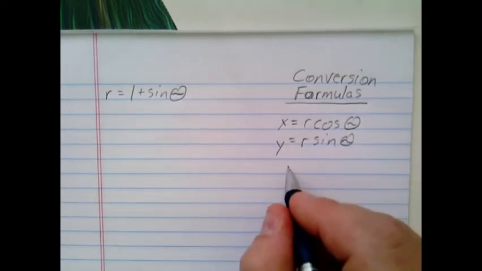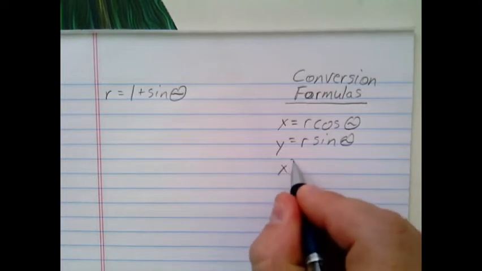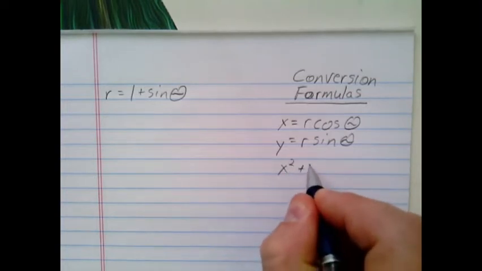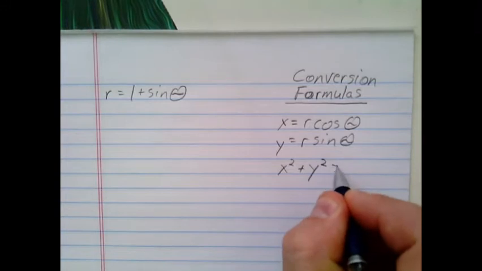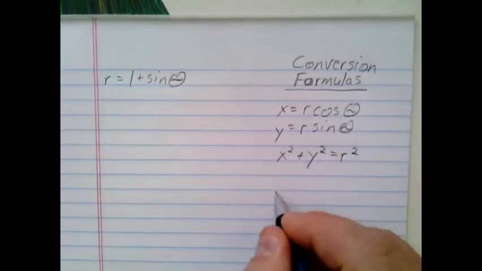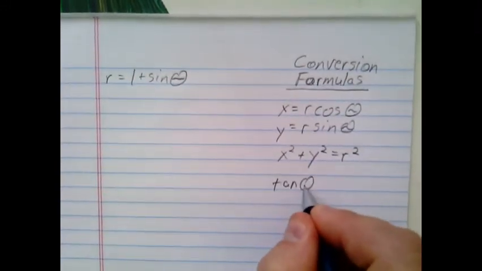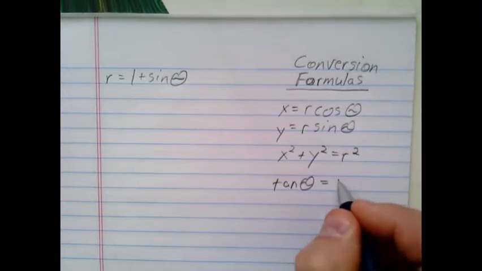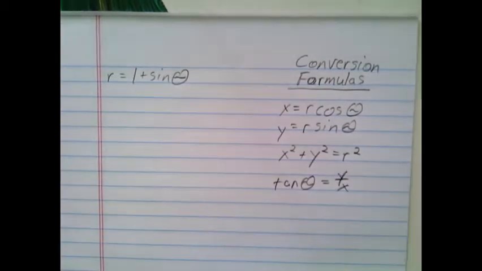Conversely, if we know x and y, we could use these formulas: x squared plus y squared equals r squared, and tangent of theta equals y over x. If we know x and y, we could use these formulas to get r and theta.